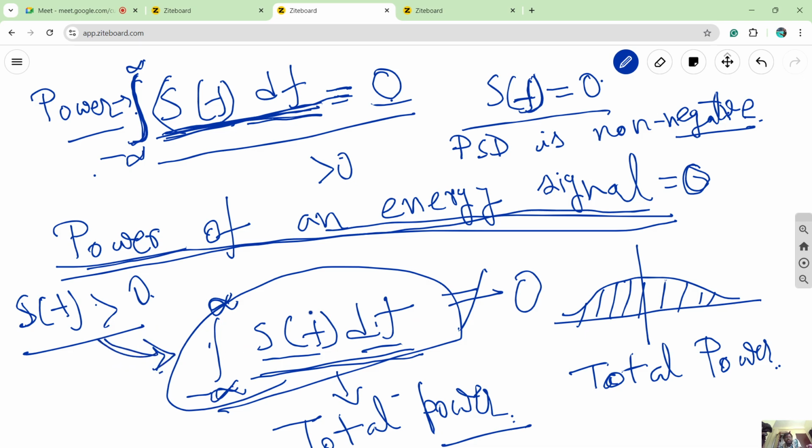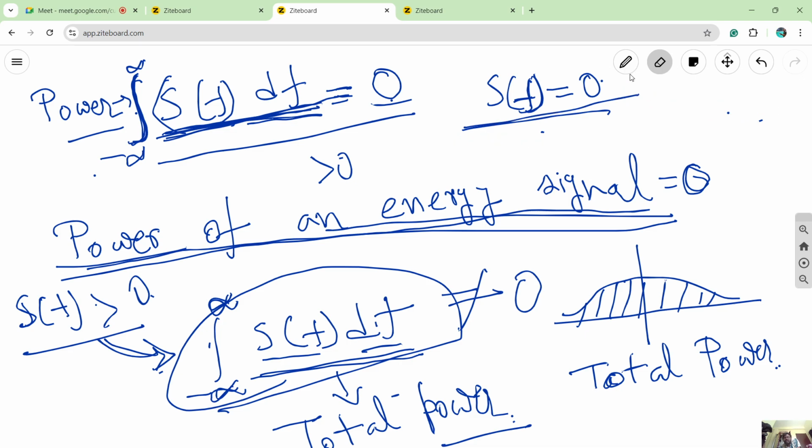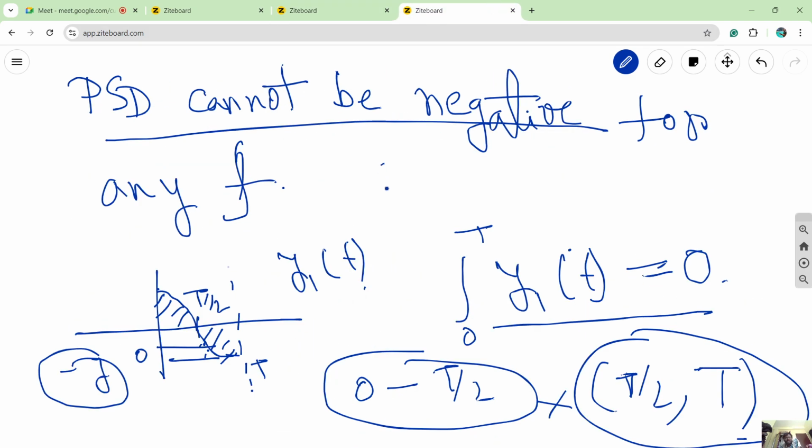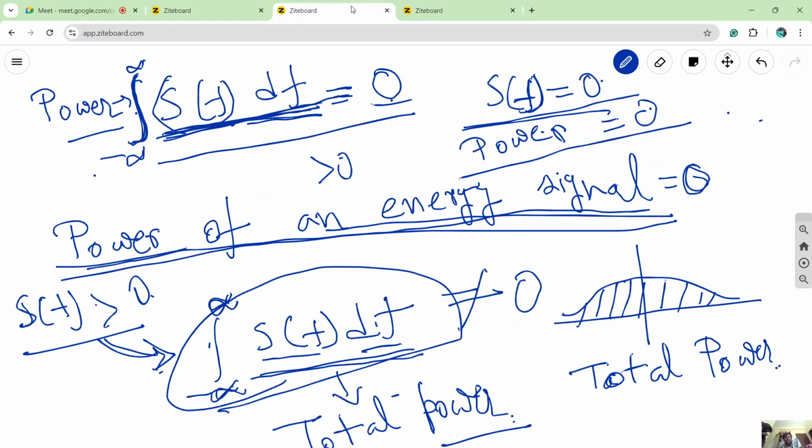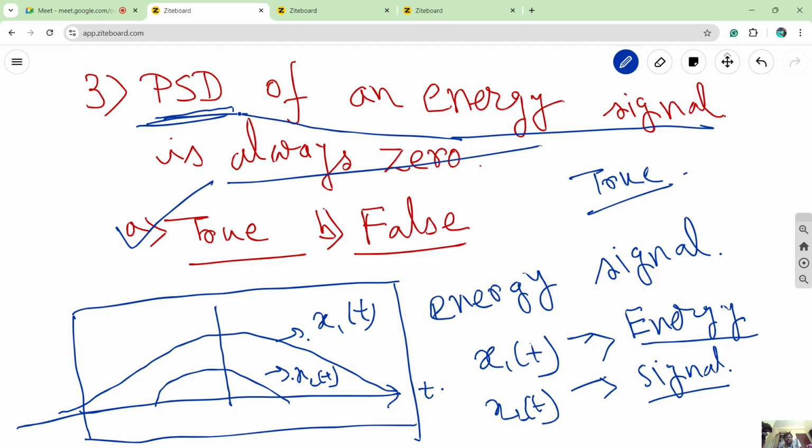So the only thing possible is S(f) should be 0, so that power is equal to 0. Because if for some part S(f) is greater than 0, then for some other region S(f) would have to be less than 0, and that is not a possible case. So that is the reason S(f) should be 0.